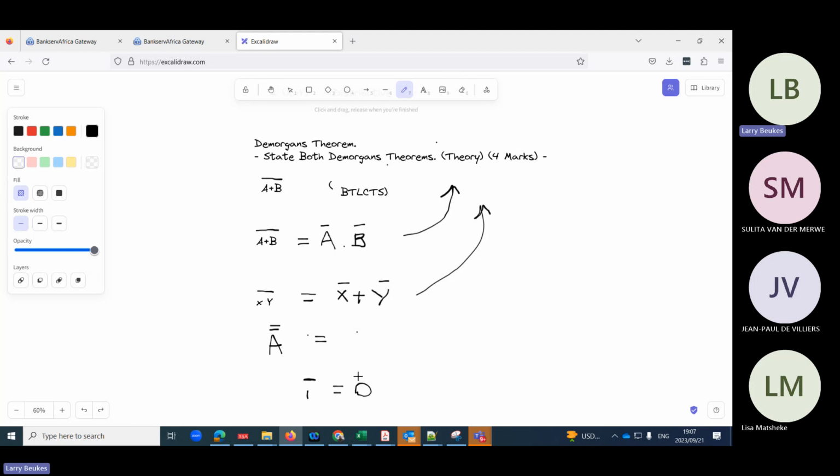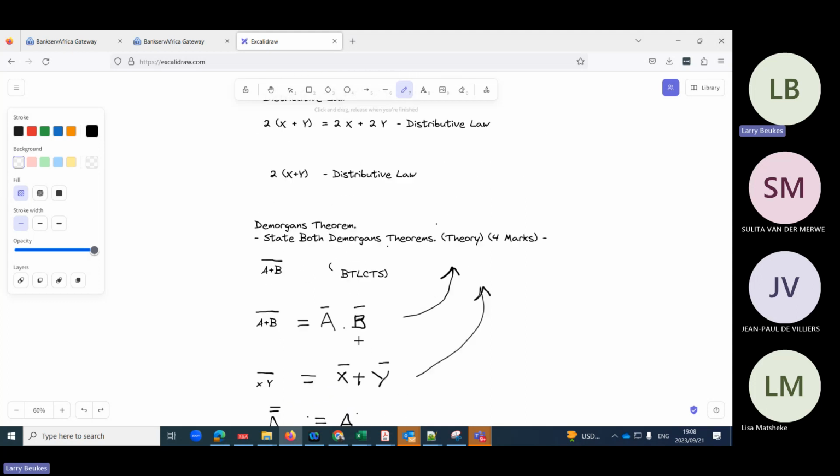But if we invert it again, we get the opposite of off, so it's on. This is the same thing. They are saying A, that input, if it's complemented twice, it's just A.